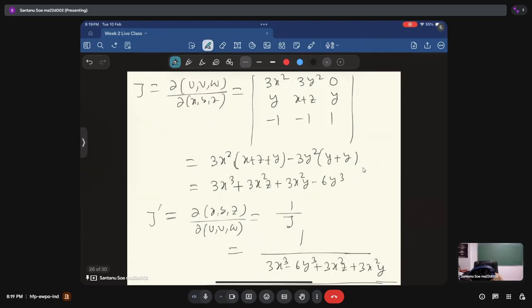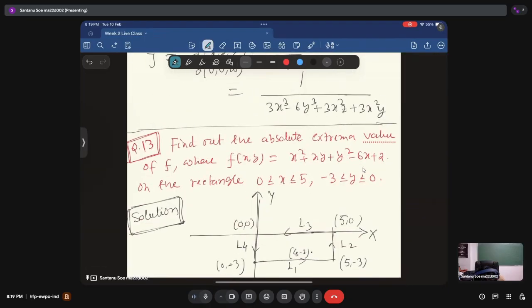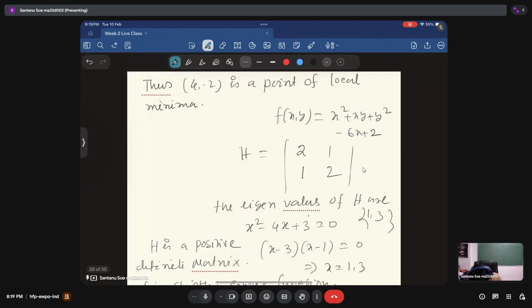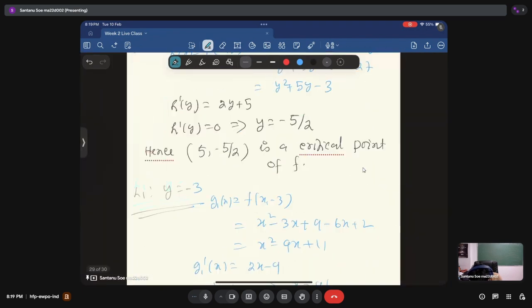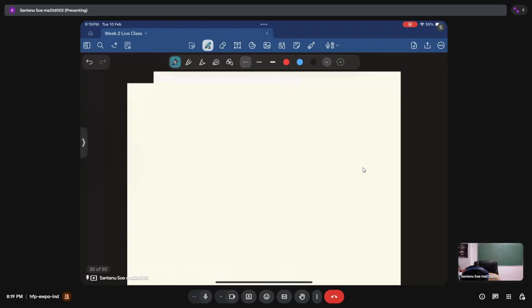So next line will be L4 line. So along the line L4 we can see that x is 0, correct? So this is gonna be the L4 line. So here x is 0. So f of this will be 0 comma y. So let us call it as h1 of y. So this is gonna be y squared plus 2.